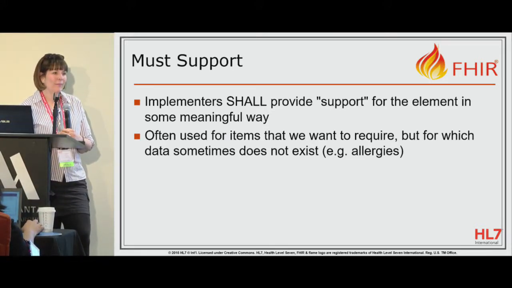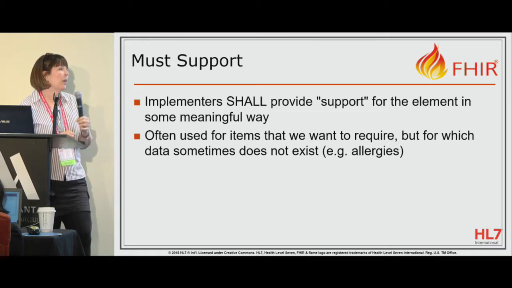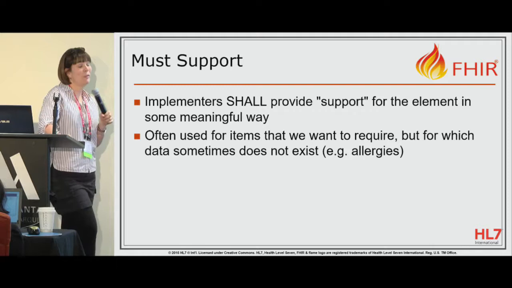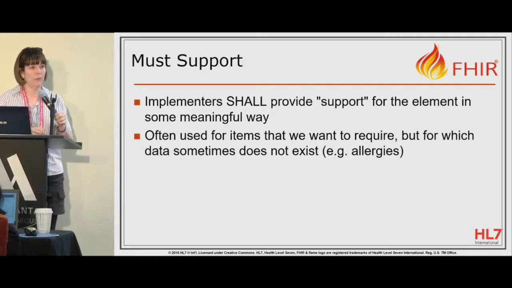My key question is, if it says must support, can they provide a null flavor? Well, there is no concept of a null flavor, but an unknown value. This is where I'm struggling like crazy with these IGs.